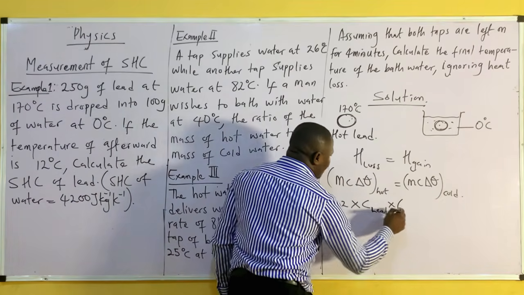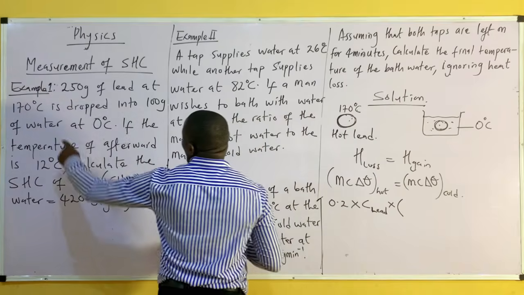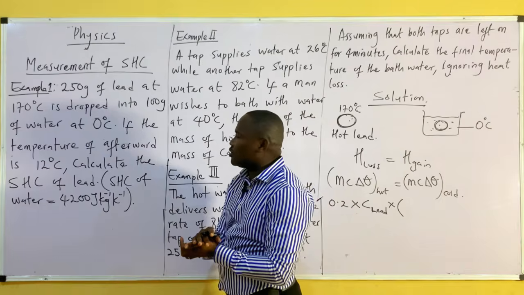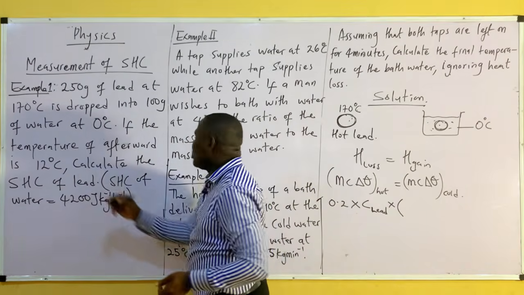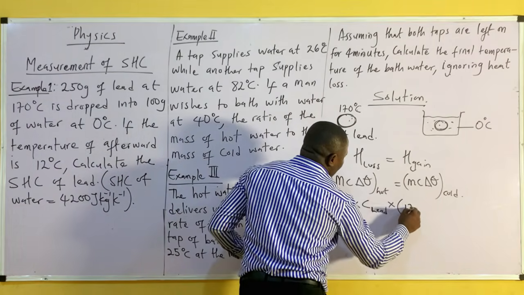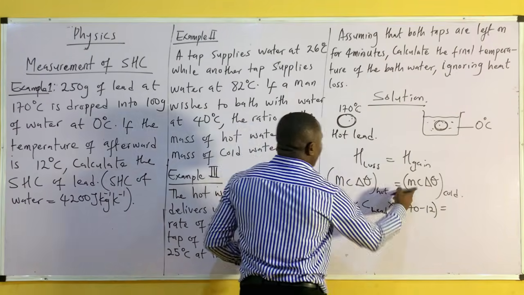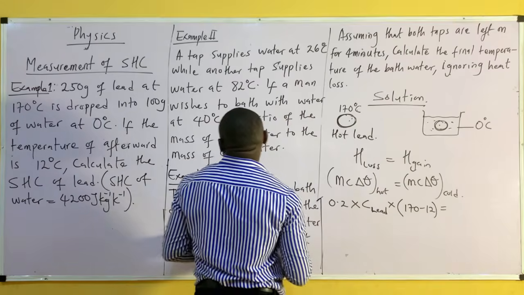Remember, the temperature will change from 170 to the equilibrium temperature, which is 12. So I have 170 minus 12.